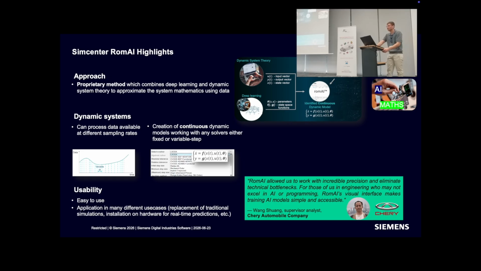For example, it can be used to replace a traditional solver, or it can be exported as an FMU and installed on hardware for real-time predictions, since it's very fast, in controller scenarios, for example. And you can see here, Chery Automobile Company has already adopted these solutions, and they are totally satisfied with it.